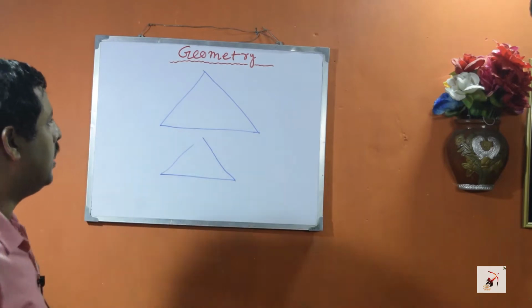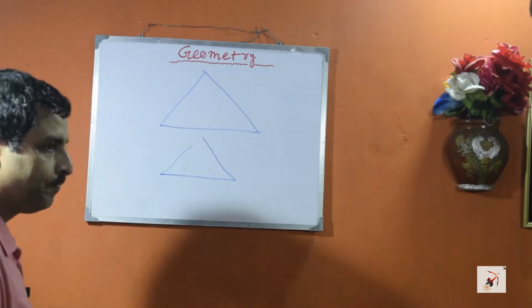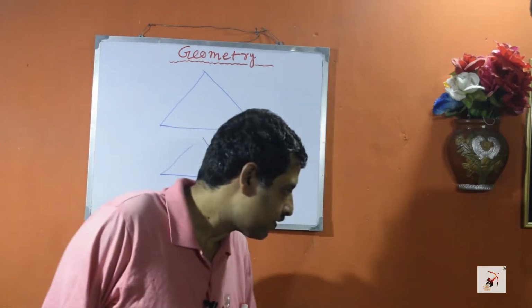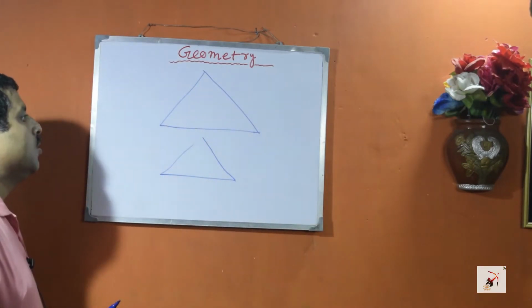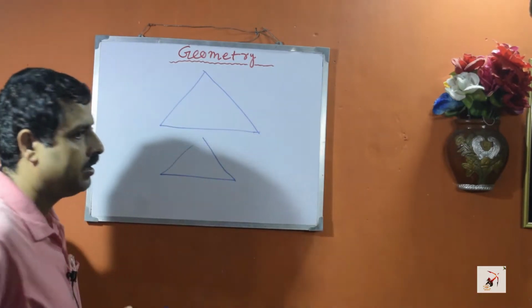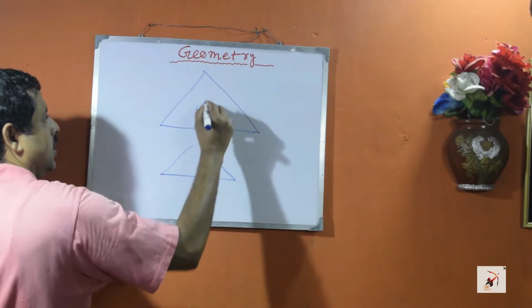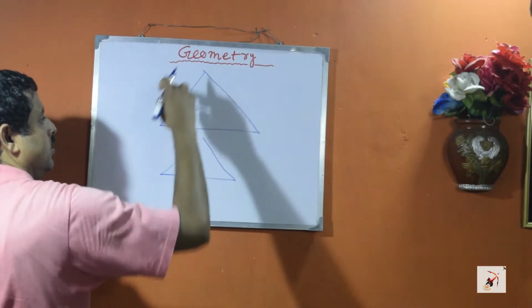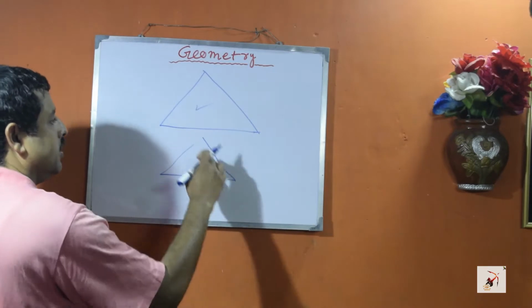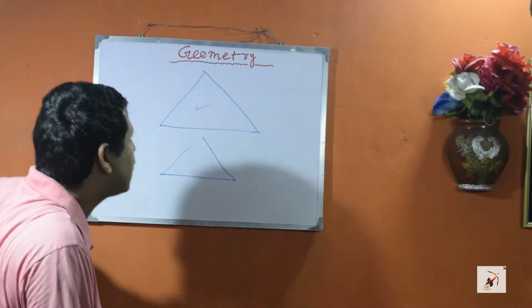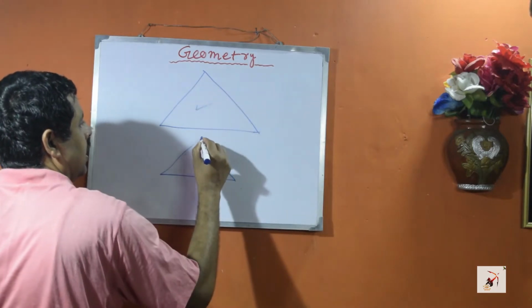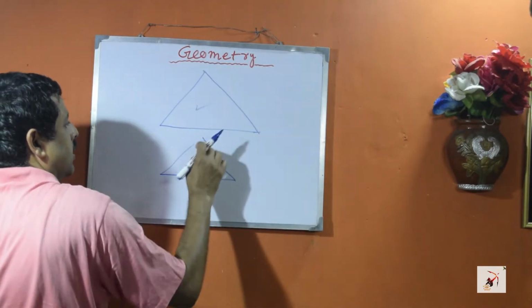So what is the difference between these two figures? Both are enclosed by three line segments. Here are three line segments enclosing an area, and here are also three line segments enclosing an area. But here and here there is a difference.